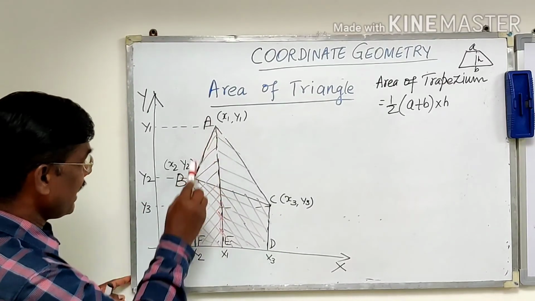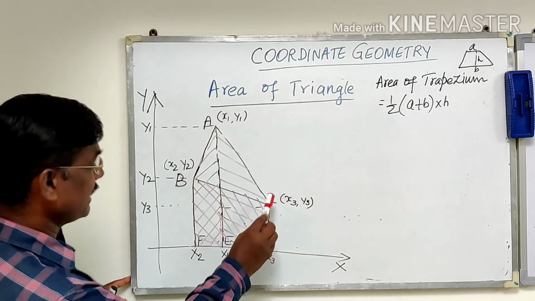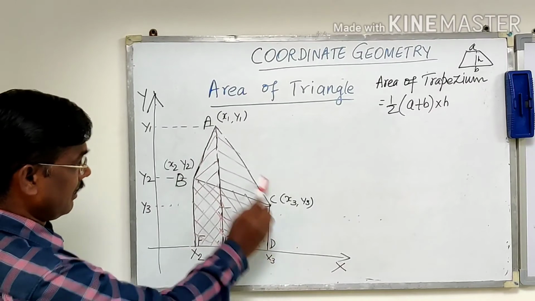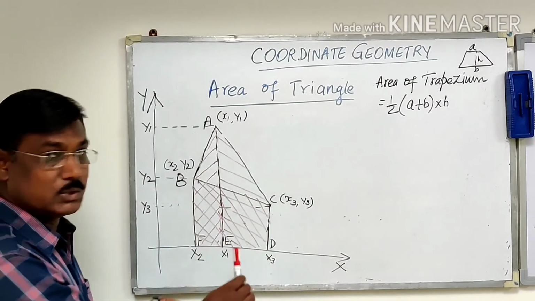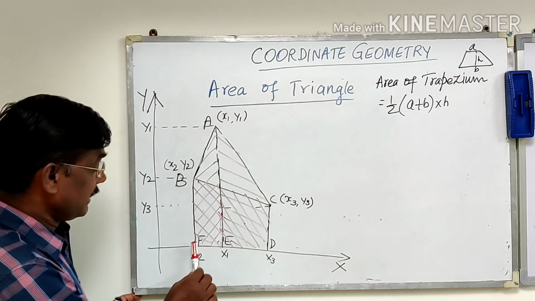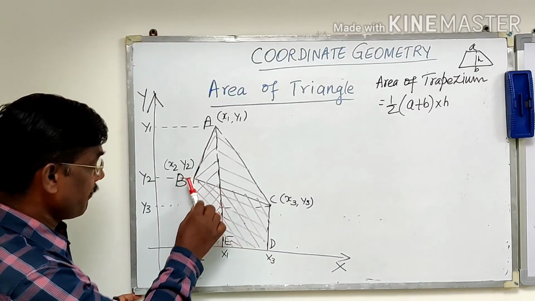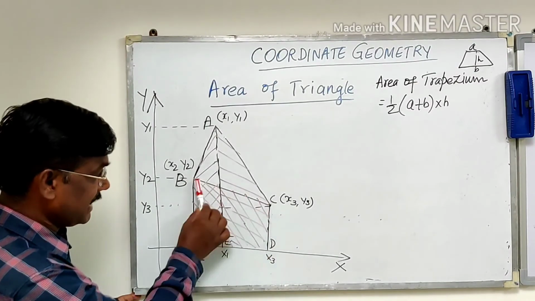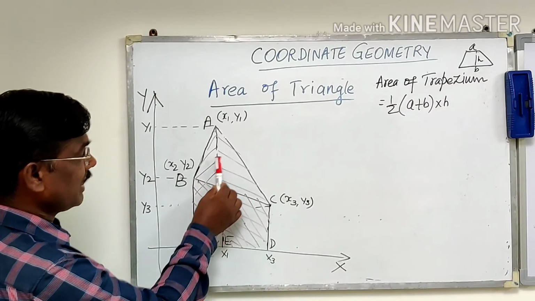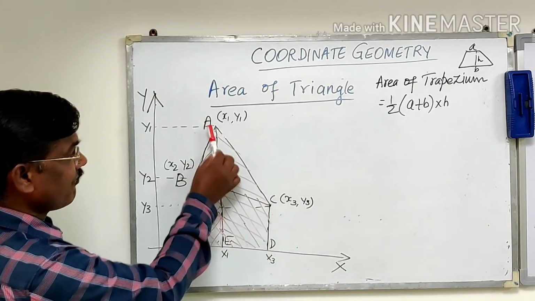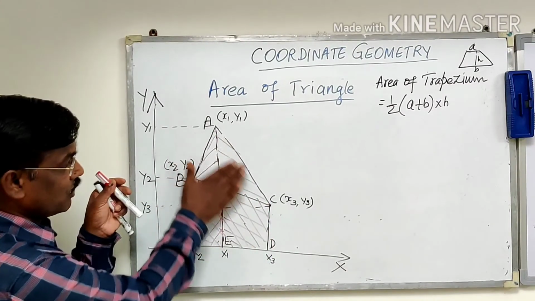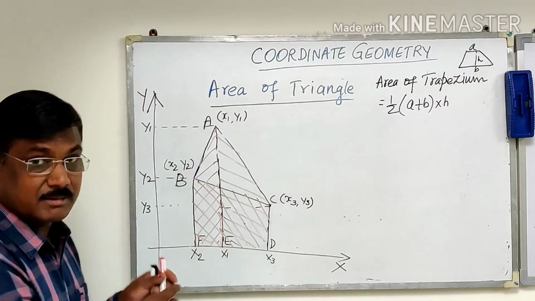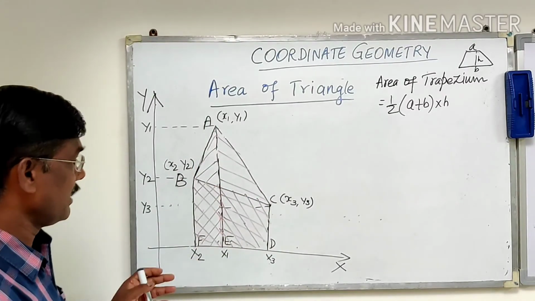Whole figure means ABFDC, right? From that value, if you subtract the area of trapezium BFDC, then you will get the area of triangle. The left out portion is only this much, which is nothing but the area of triangle ABC.